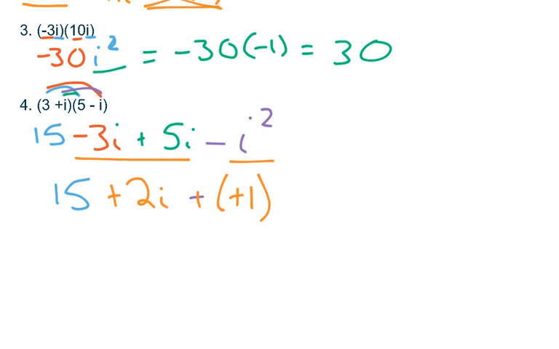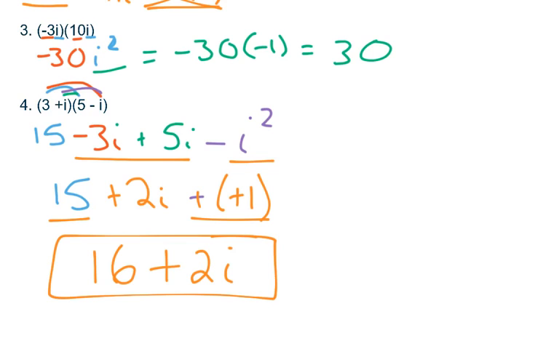And then you can combine the 15 plus 1 to make 16 plus 2i. Now, what some people think they want to do is figure out what they're both divisible by and do that. This is your final answer right here, 16 plus 2i. There's nothing else to do with that answer other than box it in or circle it or something. That is your final answer, 16 plus 2i.